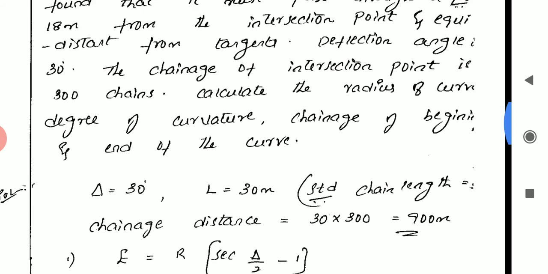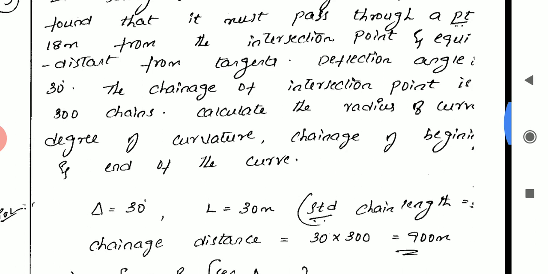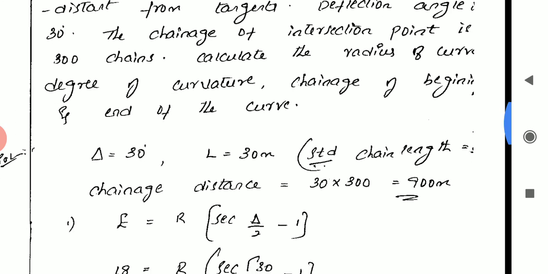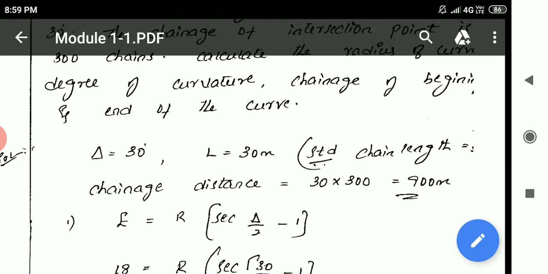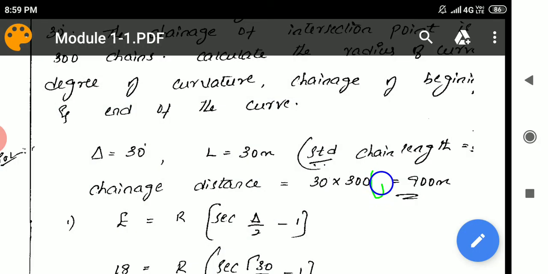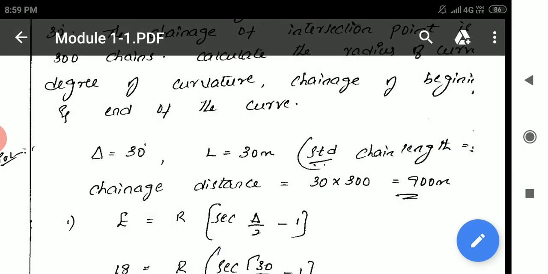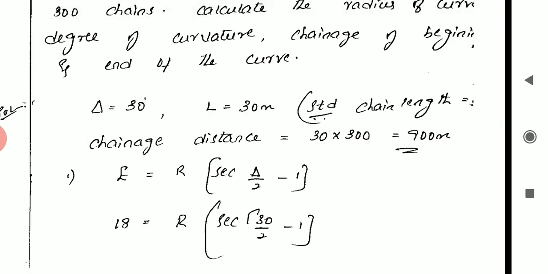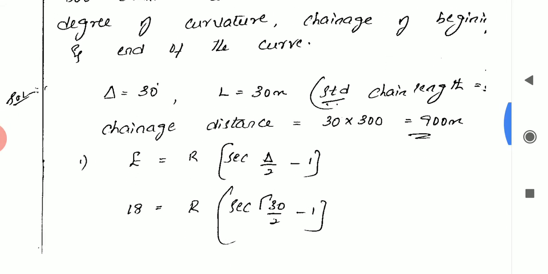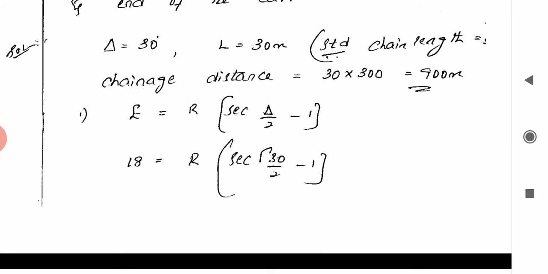So see here, it is 30 only and it is 30, total it is 900. Okay. So the chainage distance is 900 meter and the apex distance is E equal to R sec delta by 2.